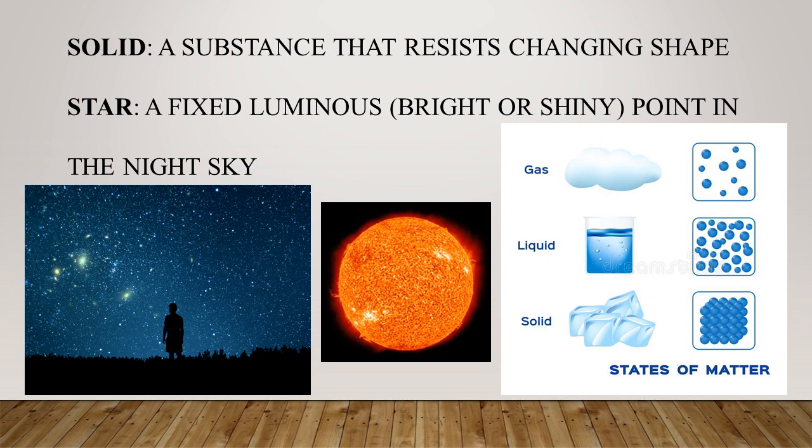Star is a fixed luminous point in the night sky. Luminous just means bright or shining. Now, a point I want to make. Our sun is a star. And all the stars we see in the sky are like our sun, but they're not called suns.